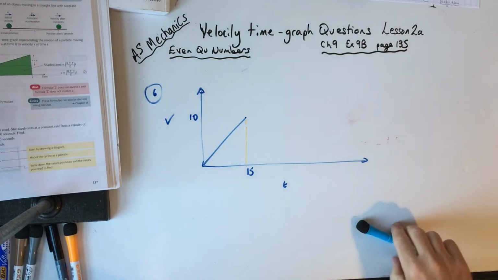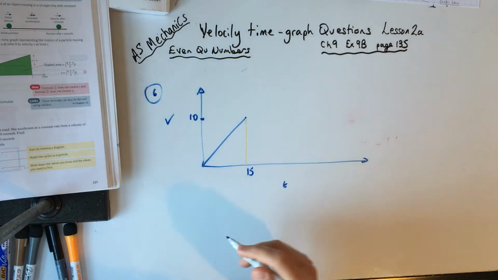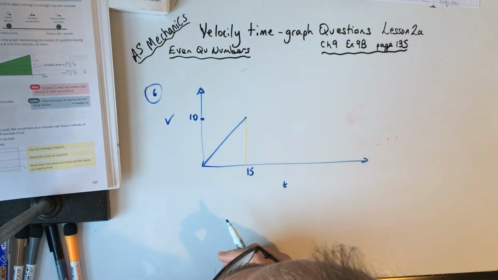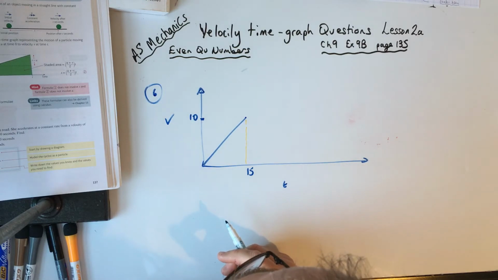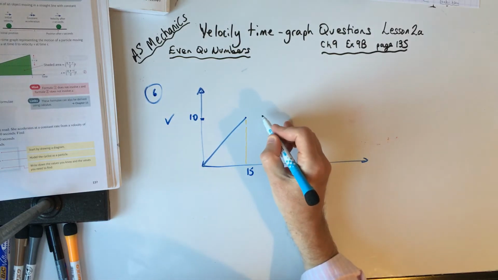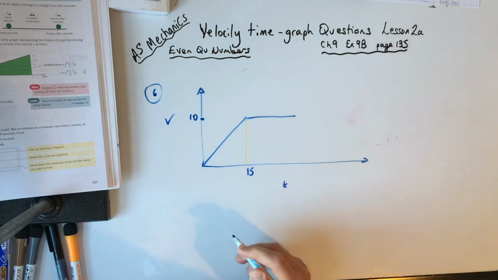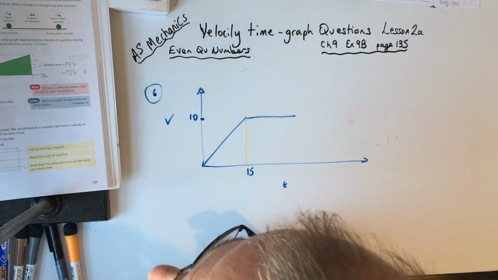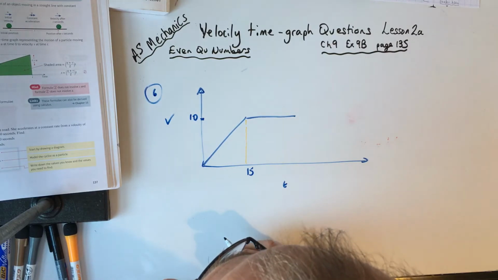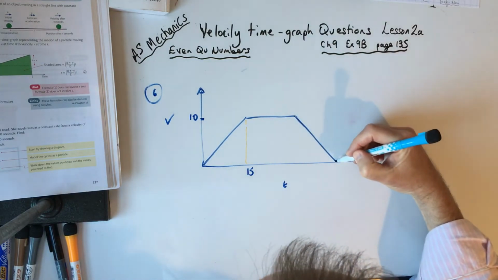So it reaches 10 here in 15 seconds. The particle then moves at a constant velocity of 10 meters per second for a period of time. Okay, so it goes along here for a period of time. We don't know that. The particle then decelerates uniformly to rest. Okay, so we've got that in.